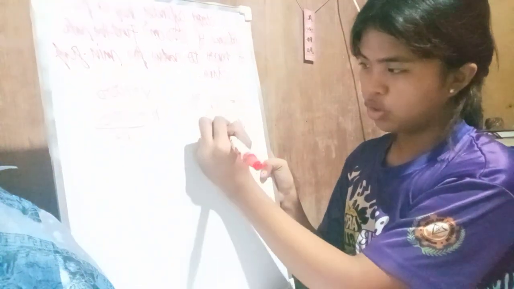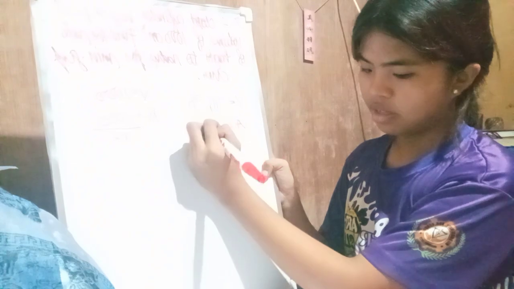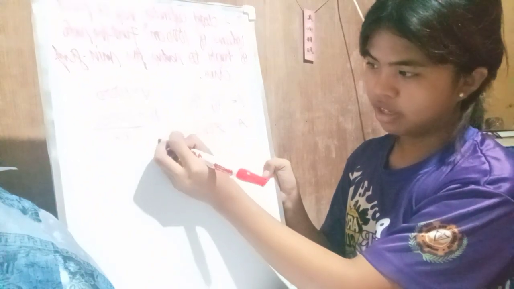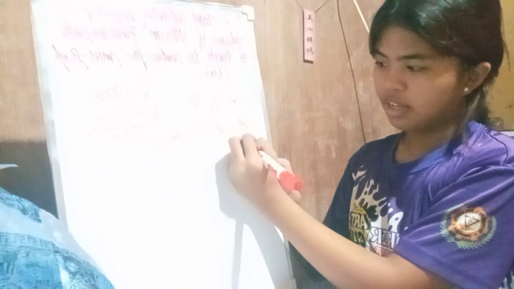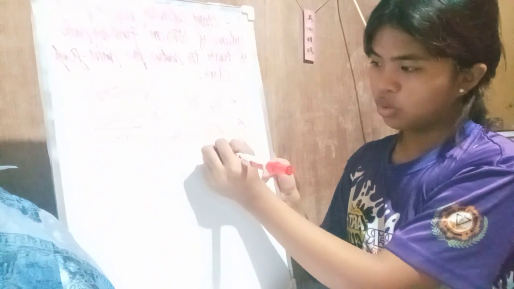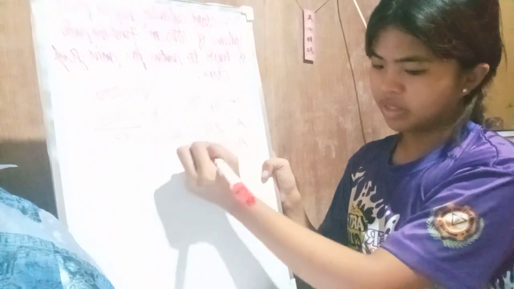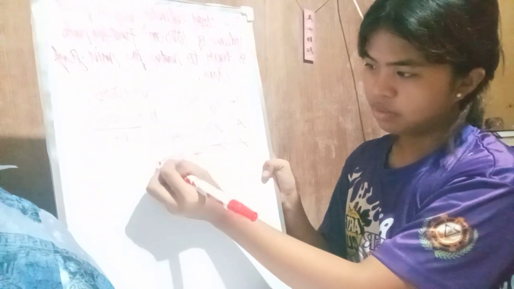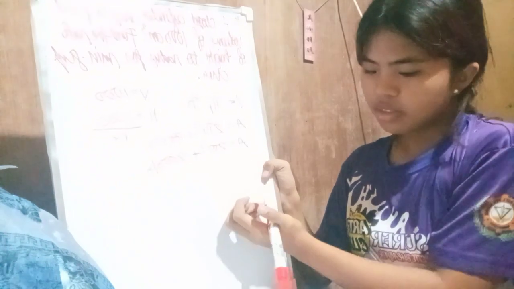So A equals 2 pi r squared plus 2 pi r h, and then A equals 2 pi r squared plus 2000 over r.